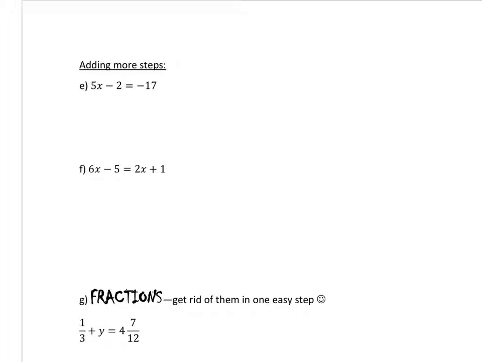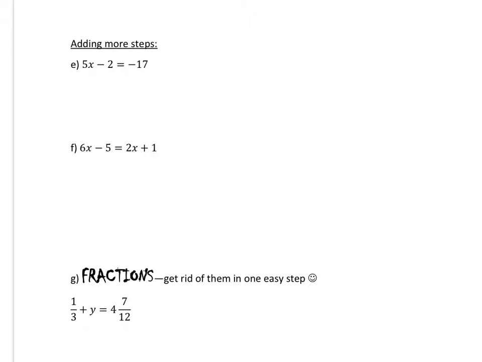Let's add a couple more steps, though, to isolate the x. So in questions E and F, I do have an x on one side of the equation, but I have other operations as well. So if you look at 5x minus 2, we're going to take a couple of steps to get the x by itself. The first thing we'll do is add 2 to both sides of the equation, and then that x term will be by itself. So if I add 2 to the left, I'm left with 5x equals, and negative 17 plus 2 gives me negative 15.